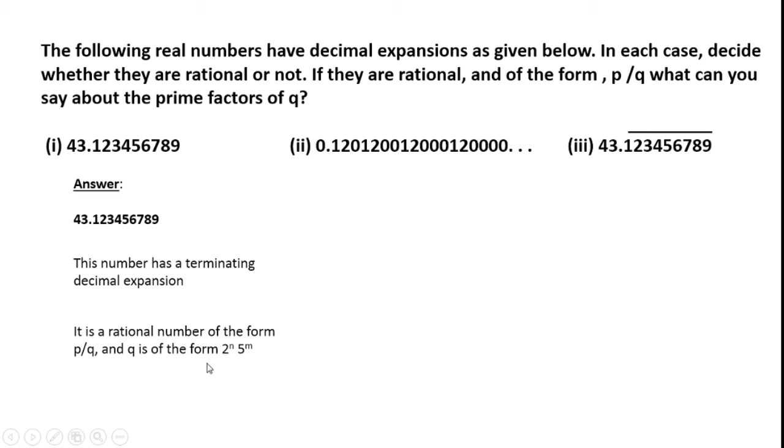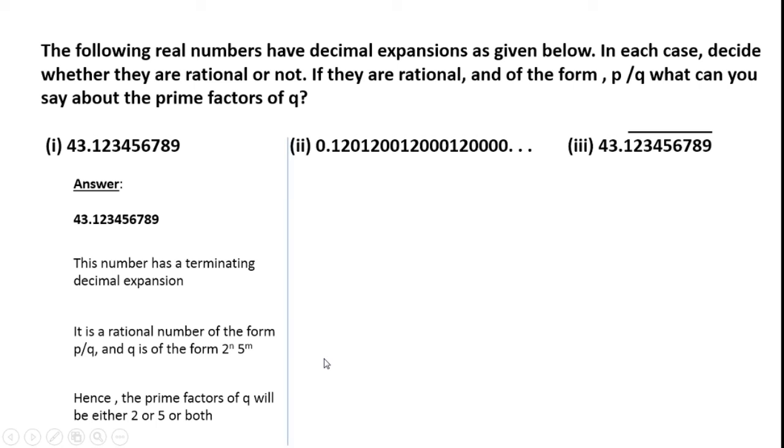The theorem says that if it is a rational number and the prime factorization of the denominator is of the form 2 to the power n, 5 to the power m, it is a terminating decimal expansion. Here it is given as a terminating decimal expansion, so we can say that it is of the form 2 to the power n, 5 to the power m. Hence, we can say that the prime factors of q will be either 2 or 5 or both. This we can say about the prime factors of the denominator.